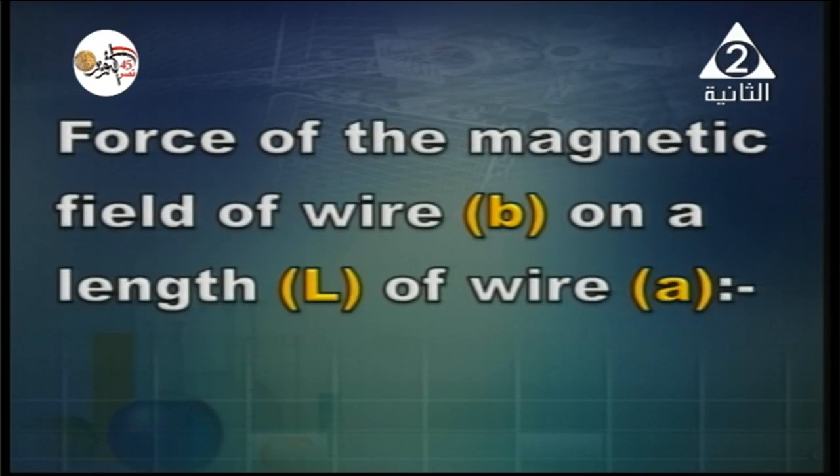Force of the magnetic field of wire B on a length L of wire A. So the field of wire B will exert a force on wire A. In other words, wire B will act as a magnet to the other wire, wire A.